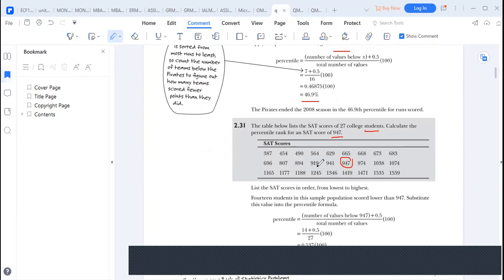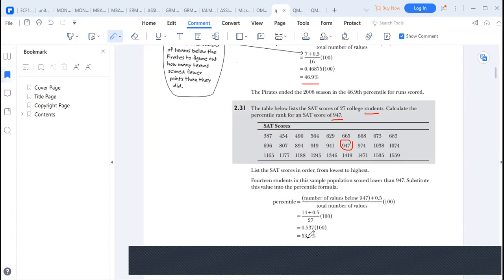The numbers that are below this are how many? They're 14. Now, this is an odd number. But in the case of even we're adding 0.5, but for the odd number, do we also add 0.5? Yes, we still do so. So here there are 14. We add a 0.5 there over 27 times 100. We're getting 53.7. So it is a general rule that is being adopted.